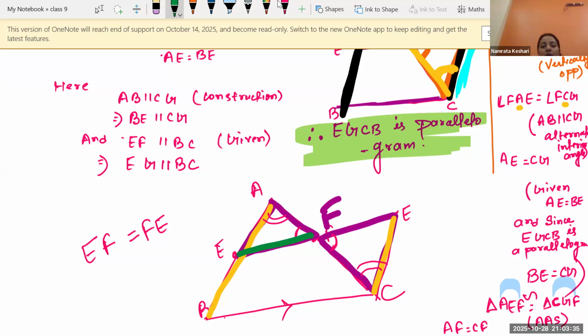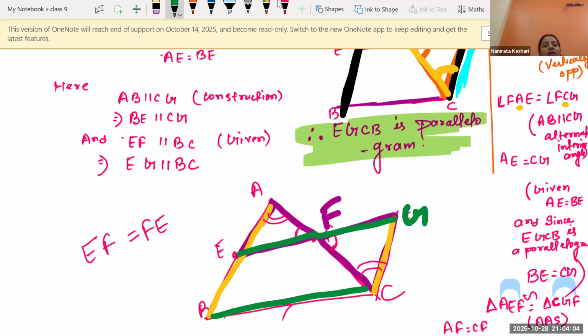Already we know these two are parallel, and in addition to that, this construction is helping us. Wait, I think by mistake I have taken the same point again and again. This is G. So now we can say that BEGC is a parallelogram. The construction and the given condition are helping us.